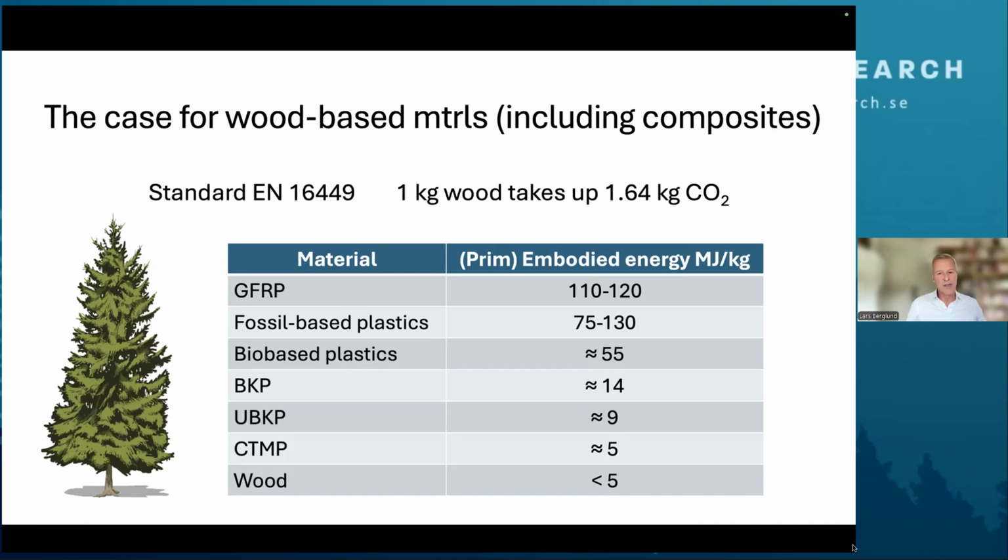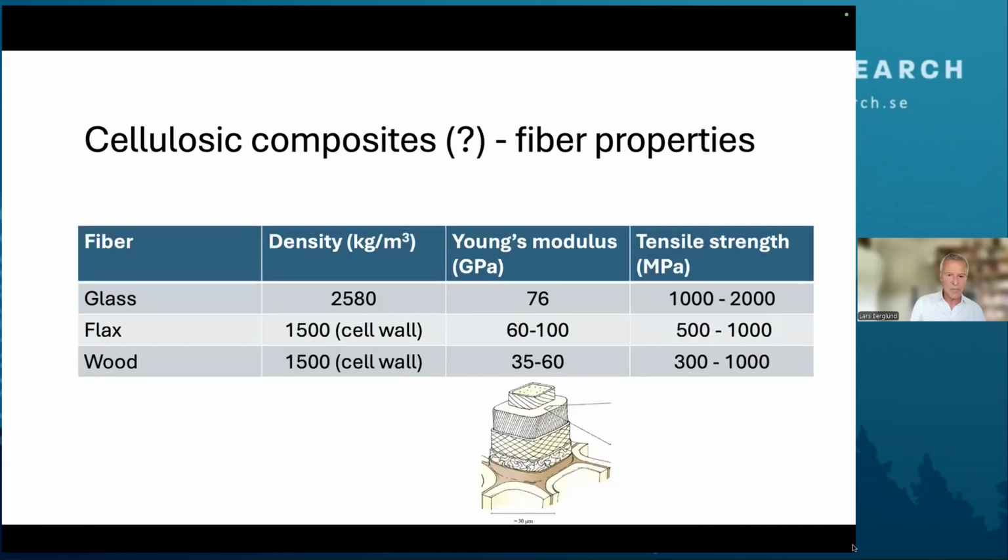And the reason for that, of course, is that the tree will emit oxygen as well. So that's taken up from air, but not included in the wood material itself. But this is normally not taken into account. But of course, this is very important for carbon dioxide emissions.